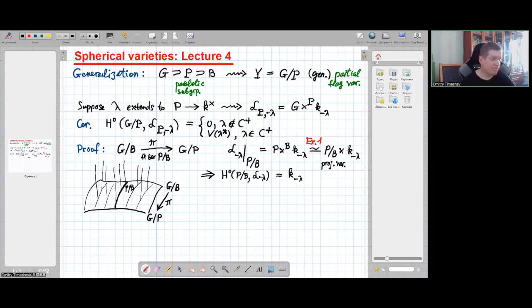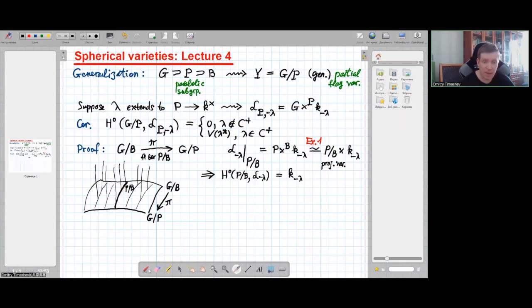So what we have proved just now is that the restriction of this line bundle on this fiber, and actually on each fiber, because all fibers are just permuted by the group action, everything is equivariant, the restriction of this line bundle over this fiber of pi is a trivial bundle, and the only sections of this restricted bundle are constants.